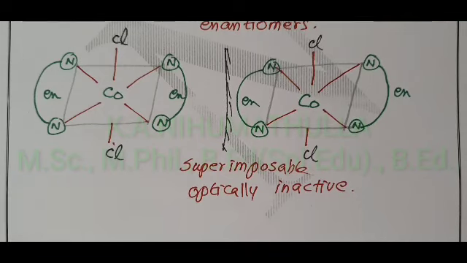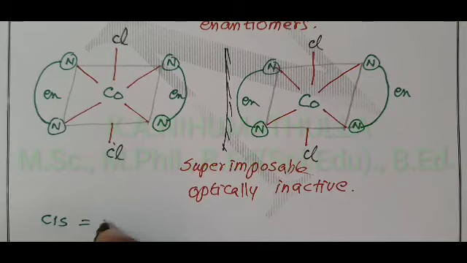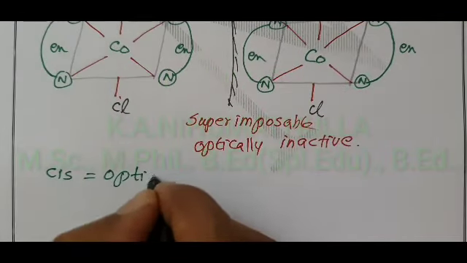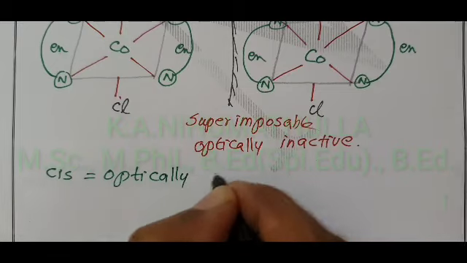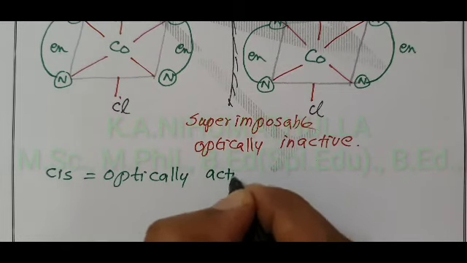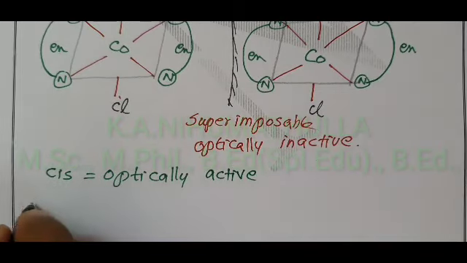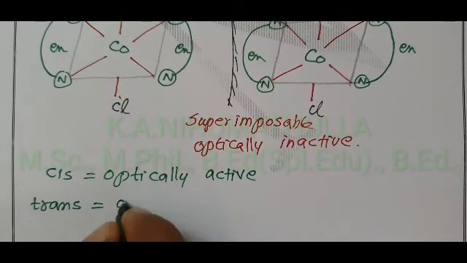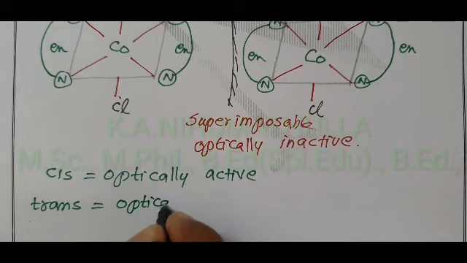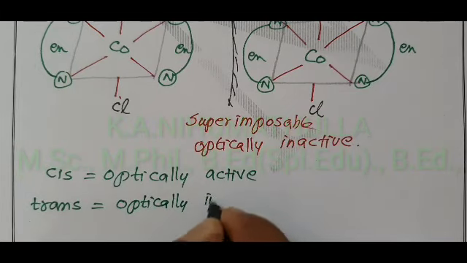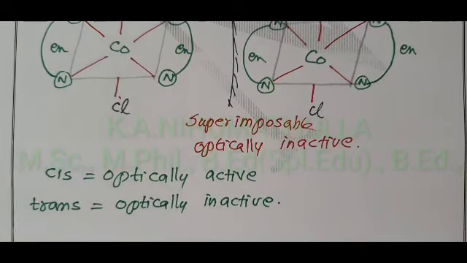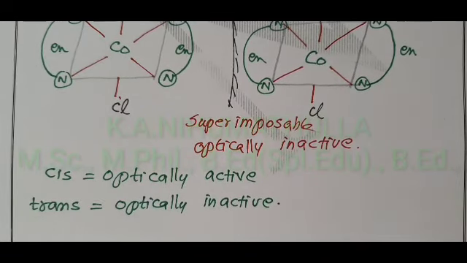In coordination number 6, octahedral complexes, the cis form is optically active, and the trans form is optically inactive. Okay, this is optical isomerism in octahedral complexes.